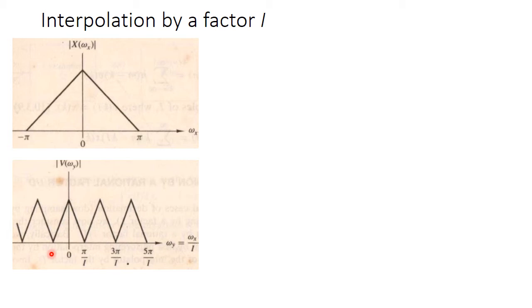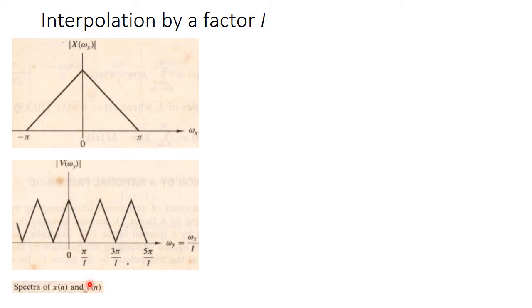The original range is minus pi to plus pi. After interpolating, we observe repetitions of the signal within the range minus pi to plus pi. But from minus pi by I to plus pi by I, it is unique. So it is sufficient to consider only the signal from minus pi by I to plus pi by I.